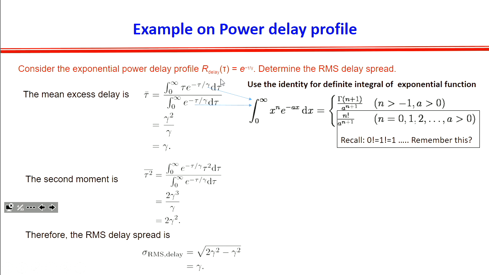If there is some power, say for example R of tau is equal to e to the power of minus tau by gamma. And at tau equal to 0, it is maximum, so that the signal received at tau equal to 0 with this profile will have maximum received signal strength because the channel is 1.